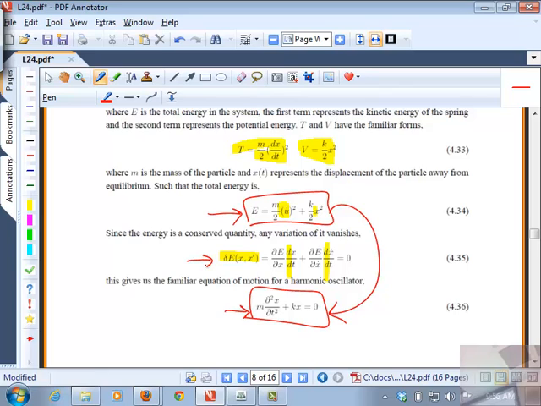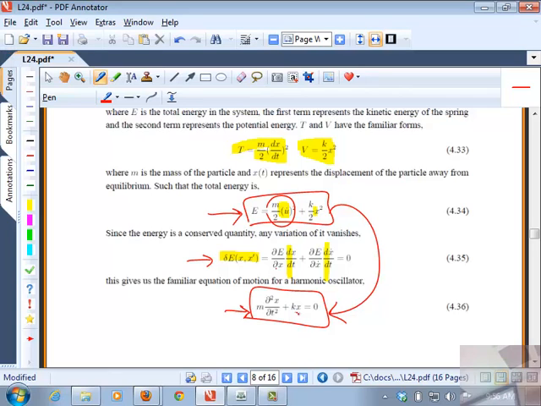Now m is constant, k is constant. Okay? So I'm taking the derivative of this with respect to x in the first case, right? When I take the derivative with respect to x, what happens? This doesn't contain x. So I will get 2x dx/dt, right? So the 2 and the half cancel out, and I will simply get kx multiplied by dx/dt. It's there, okay? And then I take the next term.